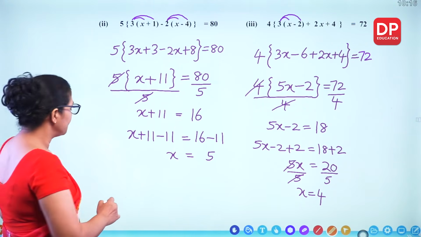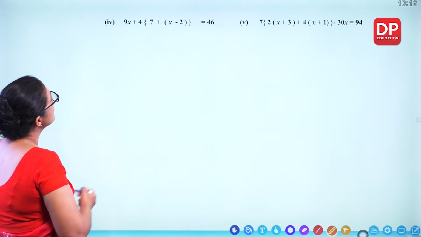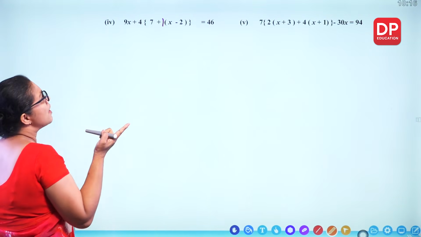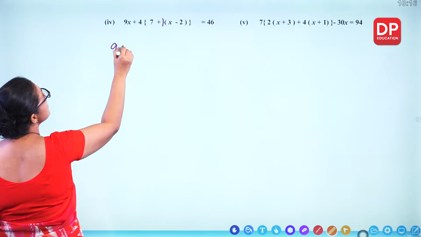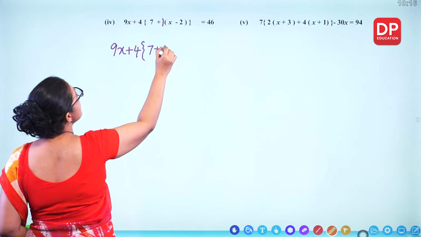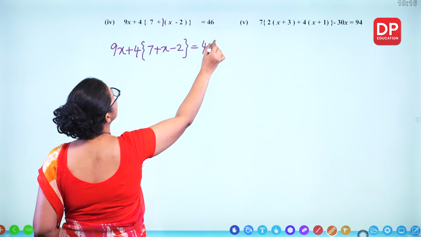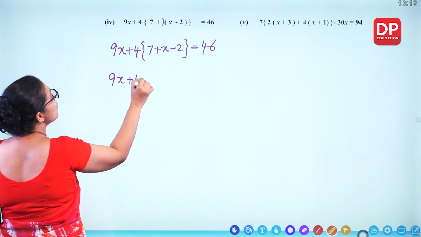Another one. This is nothing, means just 1. So you just multiply by 1. 9x plus 4, 7 plus x minus 2. 9x plus 4.